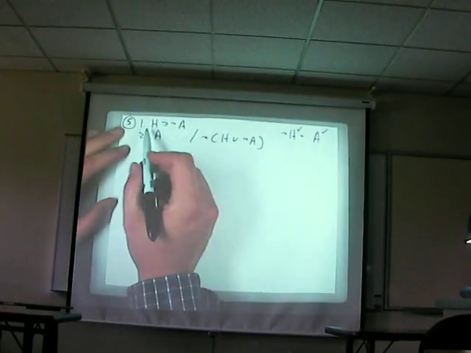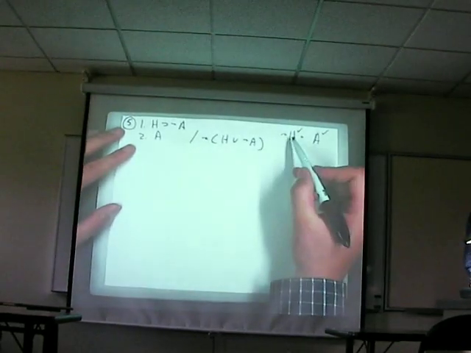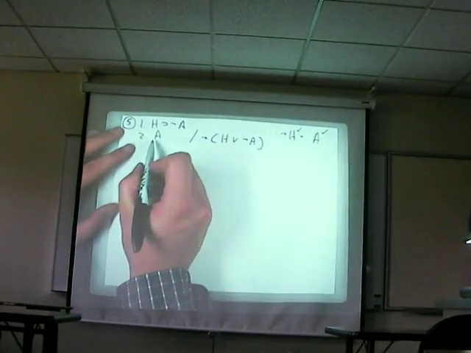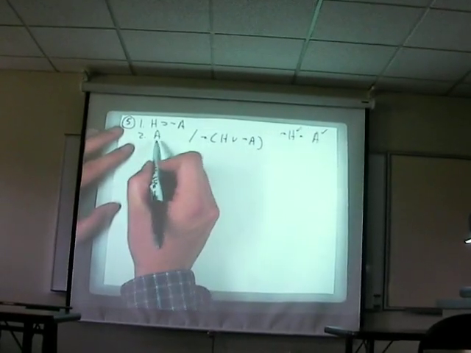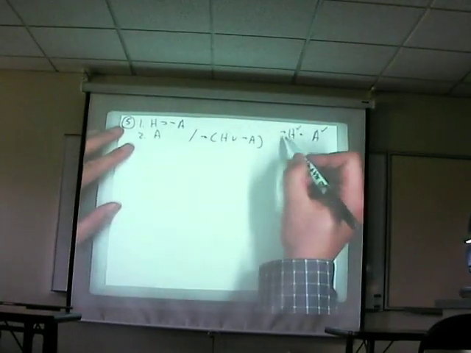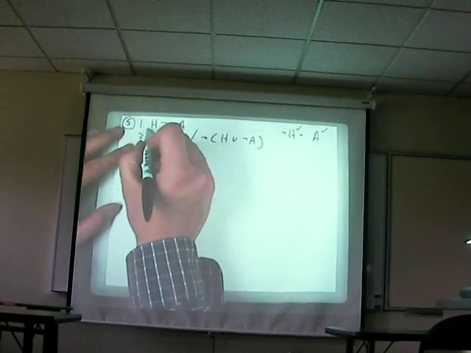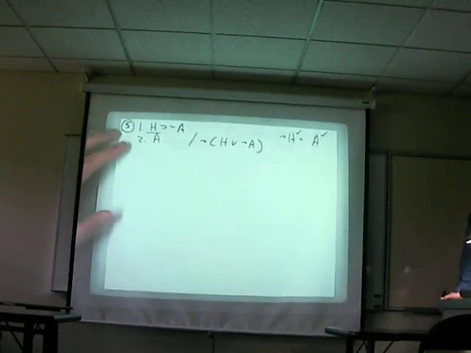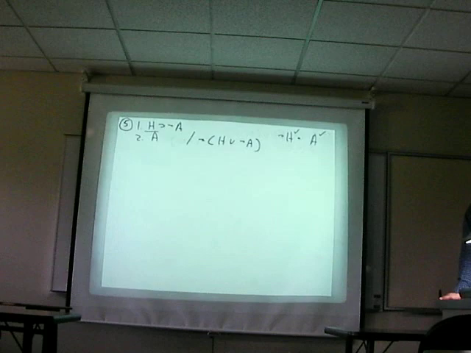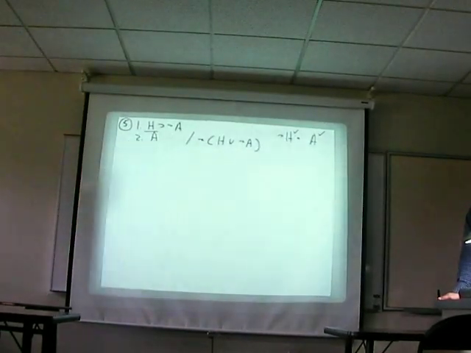And now let's take a look at the information that's given to us. We're after not H and A, and we can see here that half the battle is done for us. We've already got the A, so all we now need to do is get not H. H only appears once and it's not negated. The H that's given to us is the antecedent of a horseshoe statement, and we want the negation of that antecedent.